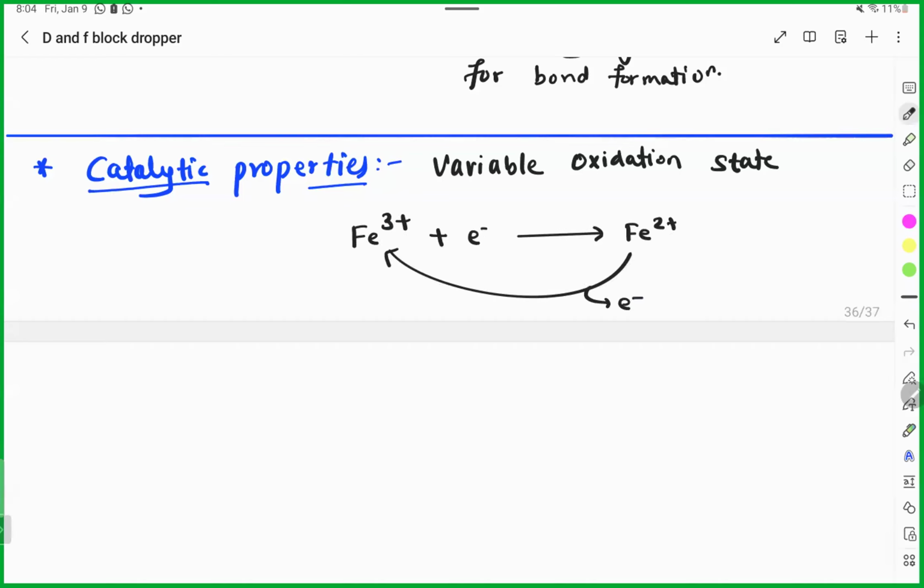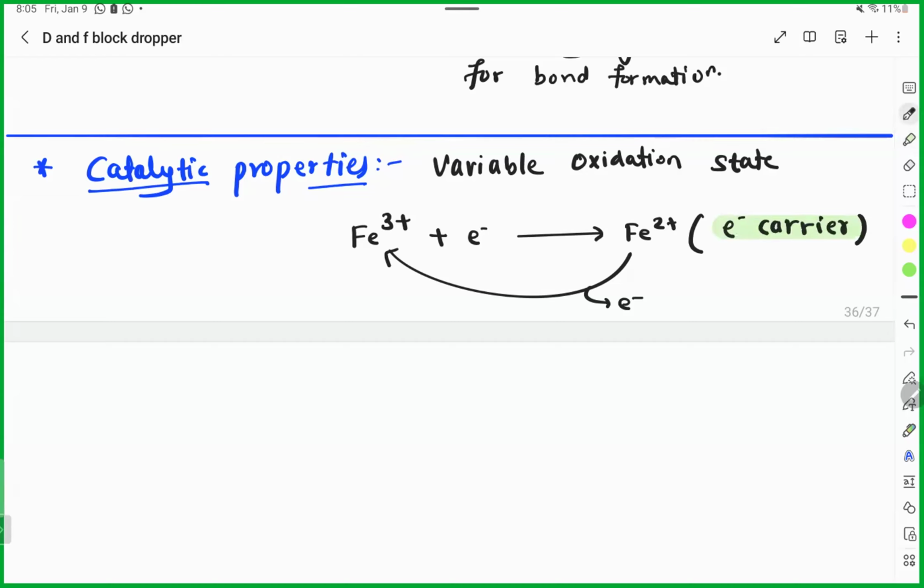So because Fe has two variable oxidation states, +2 and +3, it can act as a very good electron carrier. The reason is only the variable oxidation state.